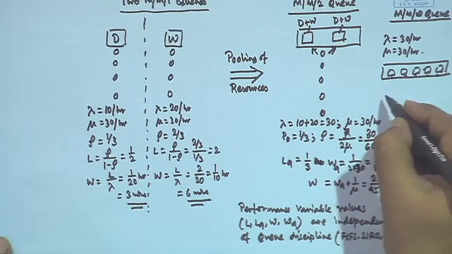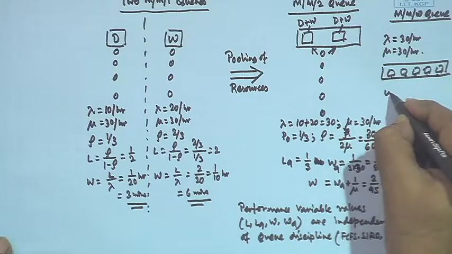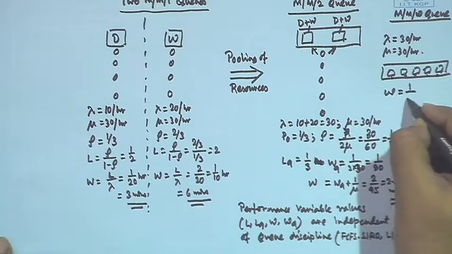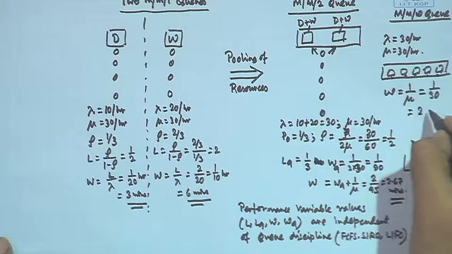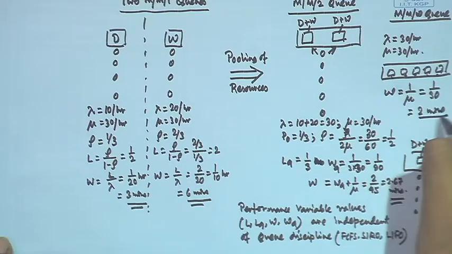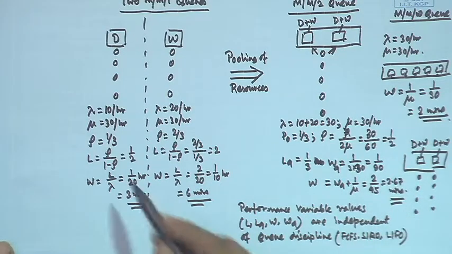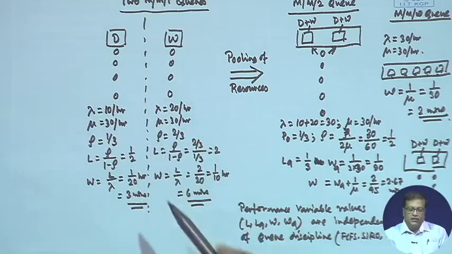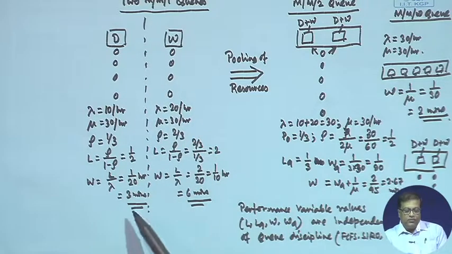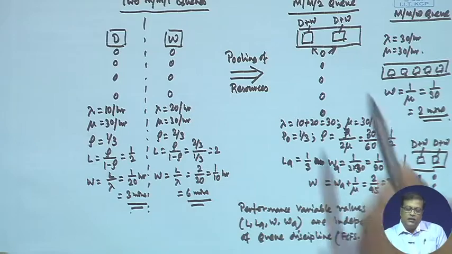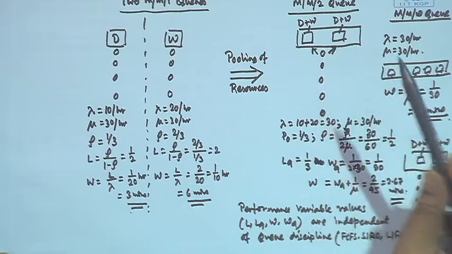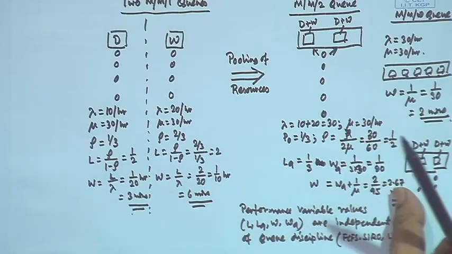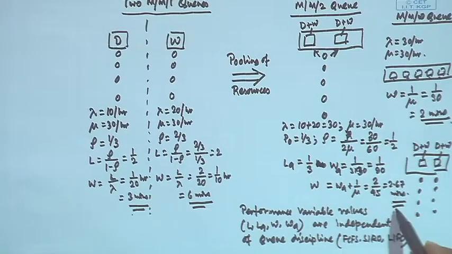So what will be W in this case? The W formula, already known, is 1 by mu, and that is 1 by 30, which equals 2 minutes. So look here how it changes. When we had two different counters, we had waiting times of 3 minutes and 6 minutes. When we pooled the resources and made it an M/M/2 queue, W became 2.67 minutes.